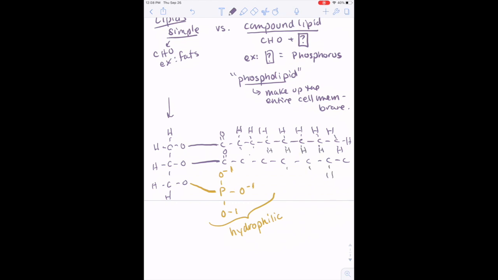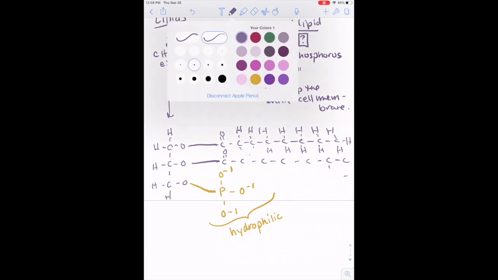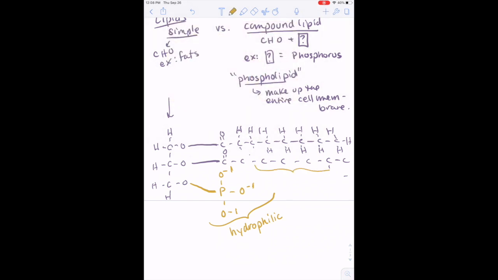This one, just nothing but carbon and hydrogen. And these are very non-polar bonds. Nobody gets any partial charges here. So these tails here, oh my gosh, they are going to be very, very hydrophobic.